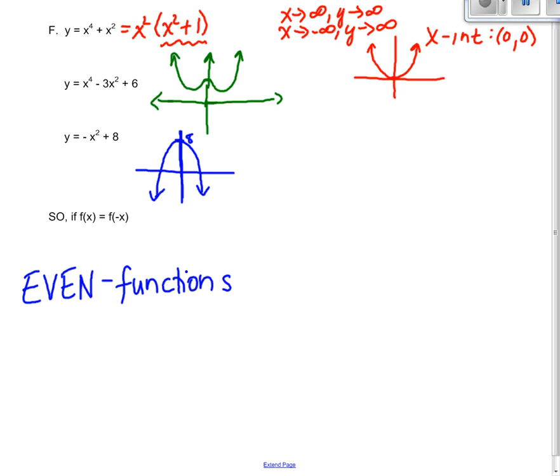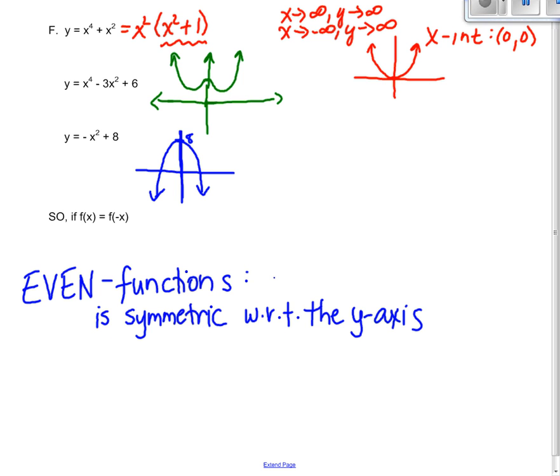And that is when it is symmetric with respect to the y-axis. Even functions. A function is even if it is symmetric with respect to the y-axis.